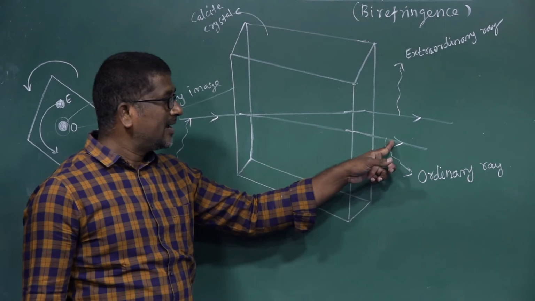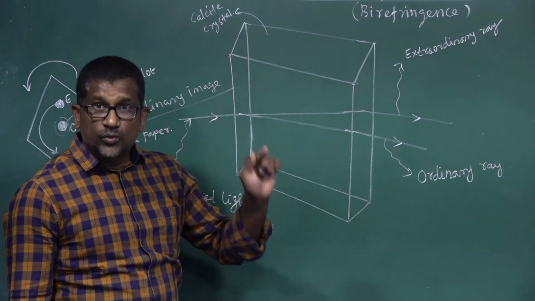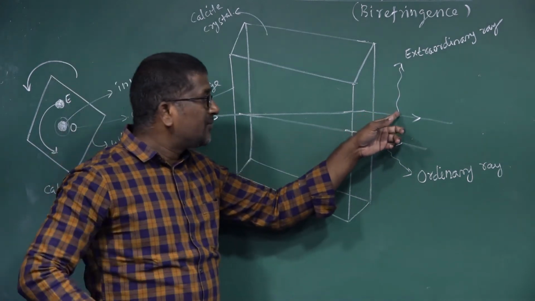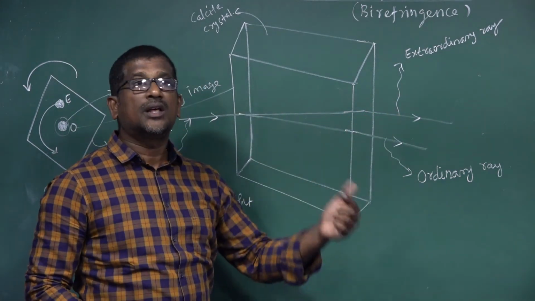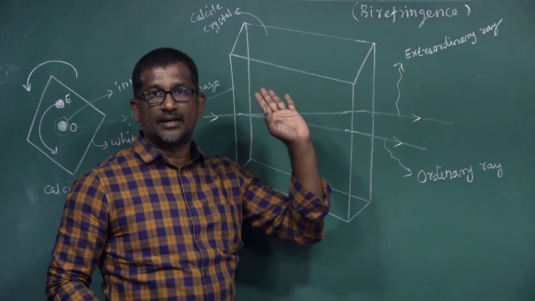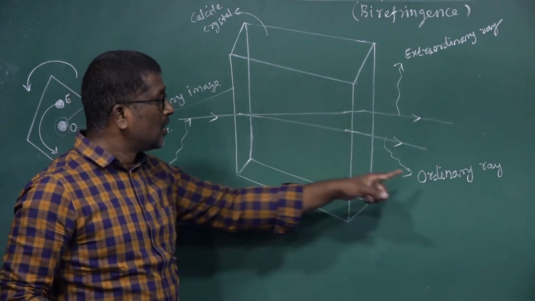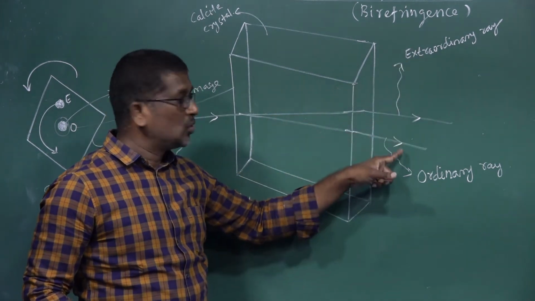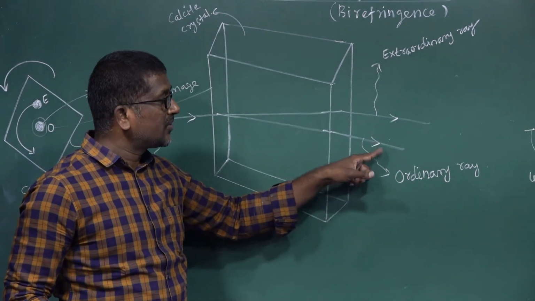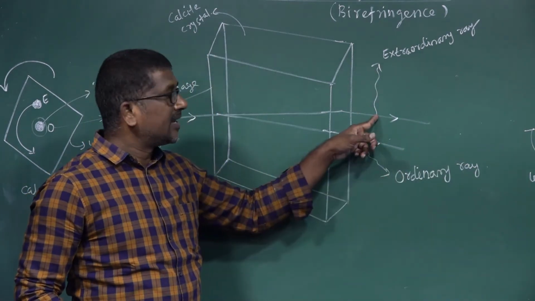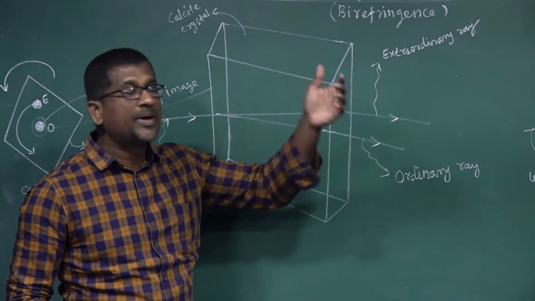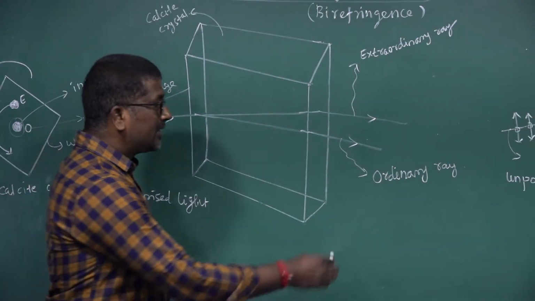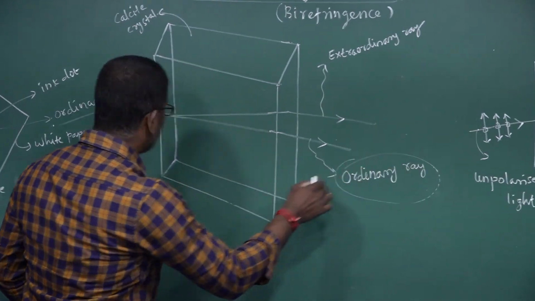The refracted ray which does not obey the laws of refraction is called the extraordinary ray. The difference between these two: the ray which obeys the laws of refraction is the ordinary ray, and the ray which does not obey them is the extraordinary ray.